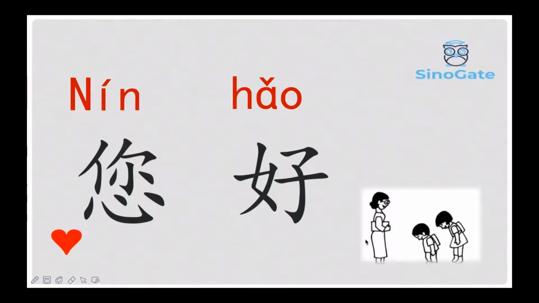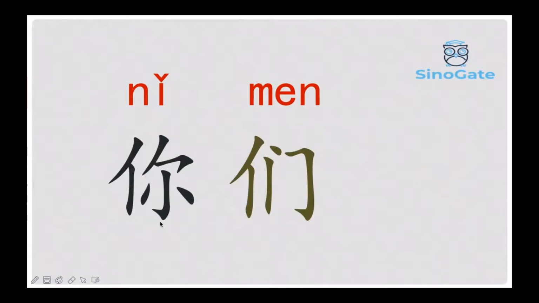If the teacher wants to greet back to them, hello. And there are two of the students. In this case, we need to know one more word. 你, you, and 们. And this one you can see here without tone marks.